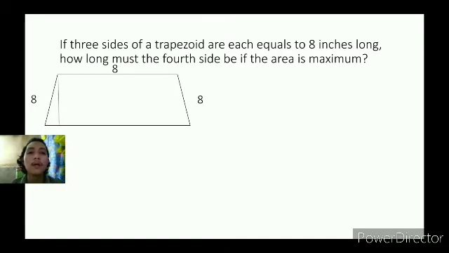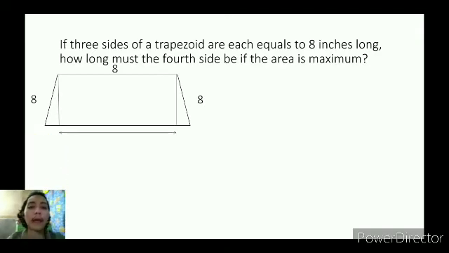So to know the value of the base of this trapezoid, we need to cut this trapezoid into a rectangle. So now we will have 8, and we're just gonna label the base of each right triangle on the side as x. So for the base of the trapezoid, we will now have the value 8 plus 2x.